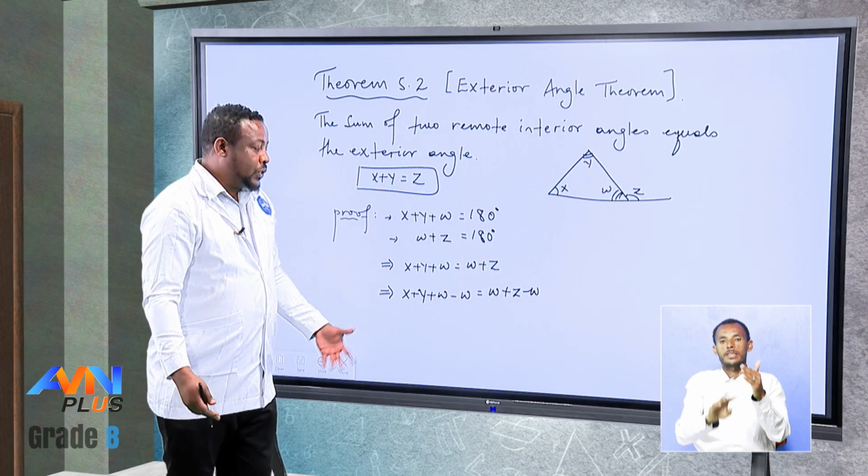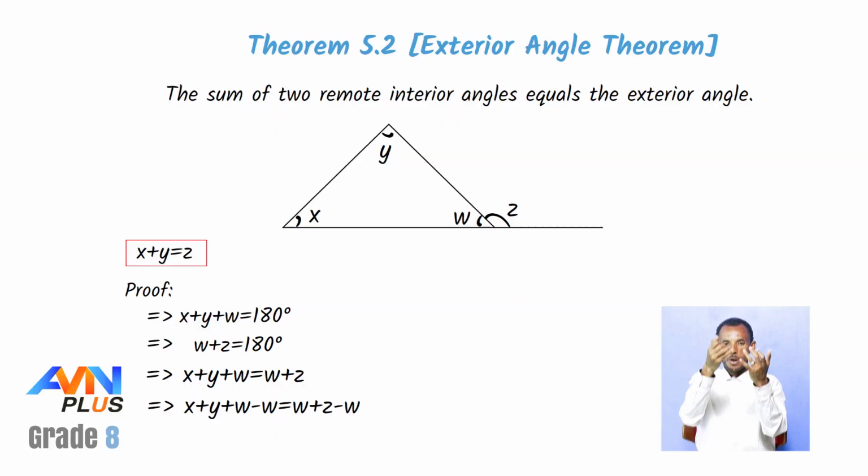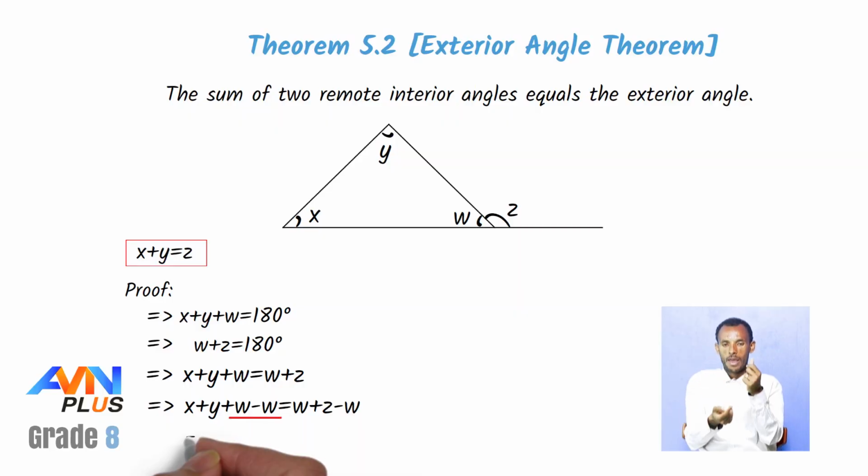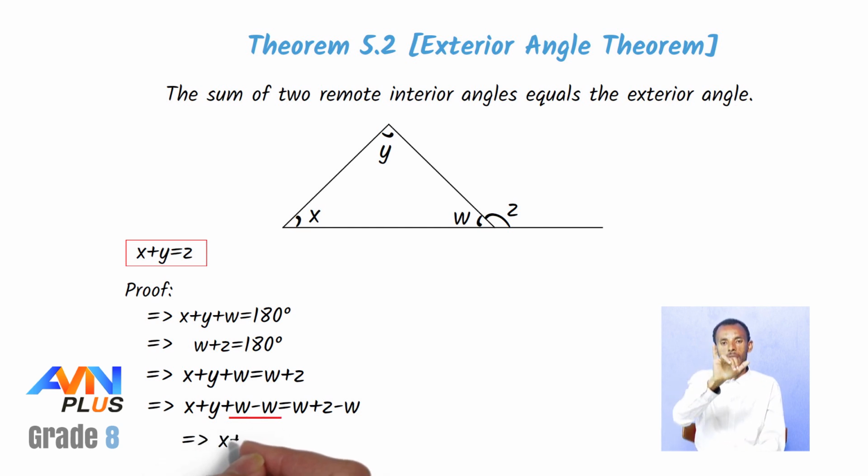Okay, so now on the left side, this will be 0. And the only thing that is left here is X plus Y. X plus Y is equal to, this can also be cancelled, then it remains Z, okay?